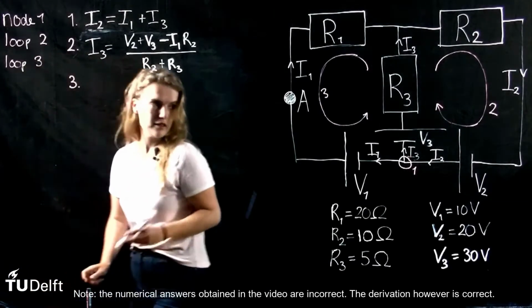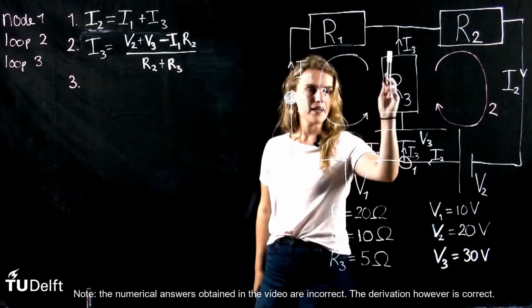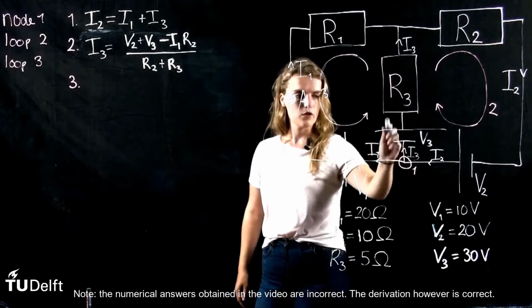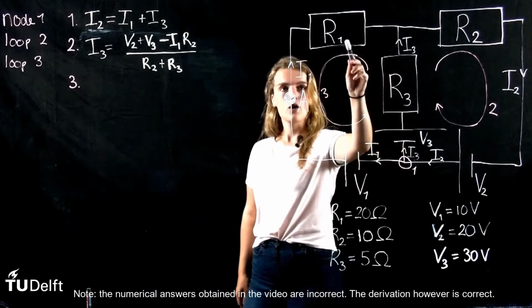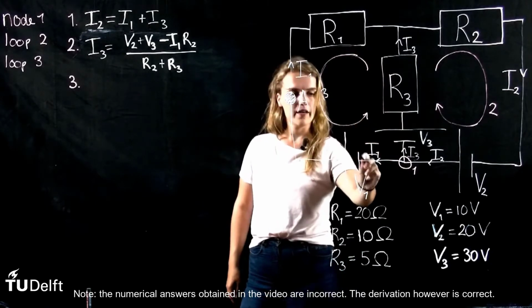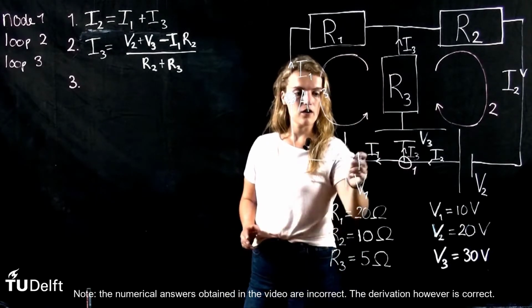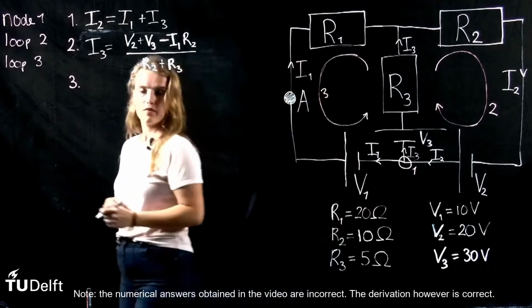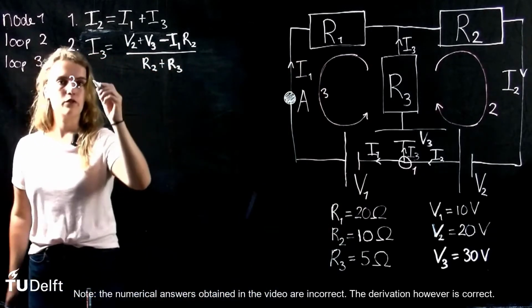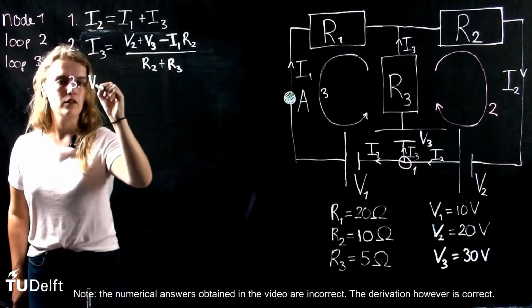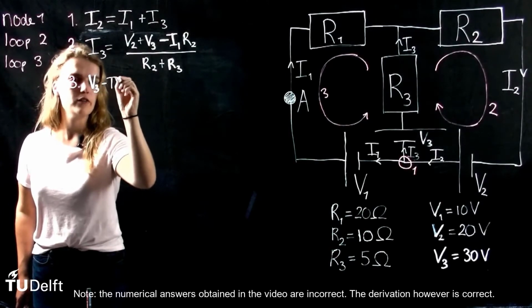Our final Kirchhoff equation. Here we again have I3, R3, V3, R3, R1, but this is against the current, and V1. So let me start with V3 again. V3 minus I3 R3.